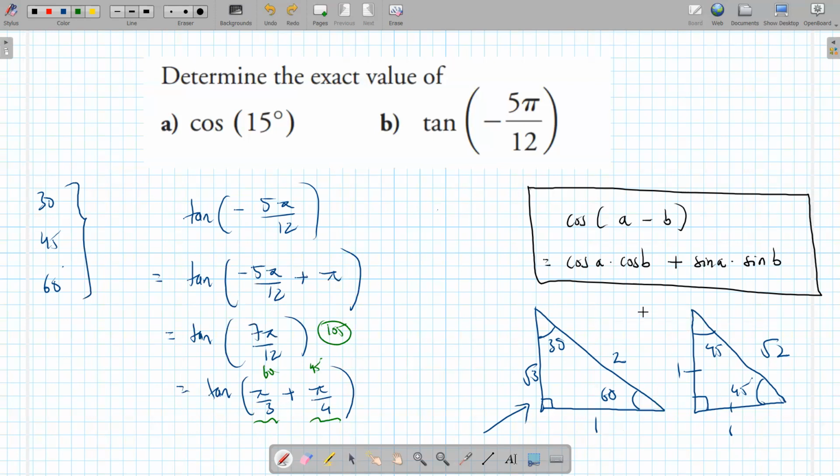Now the formula for tan is slightly different. So what do we have? We have tan A plus B. These will usually be given. I'm going to give it to you every single time.